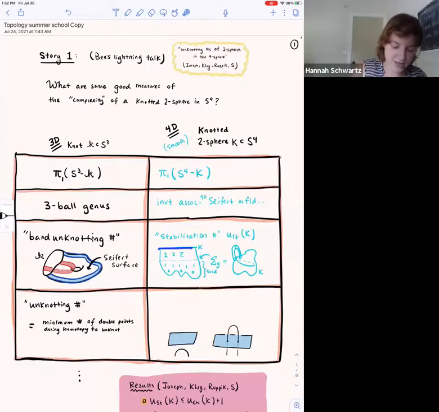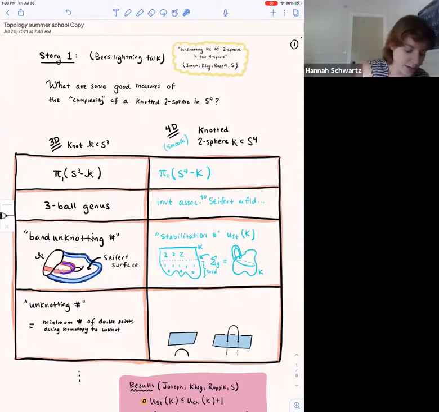Because to get K, I can think of it as adding these sort of tubes that are the result of this cobordism from here to here, right? So this solid thing is sort of the 3-dimensional 2 handle, but flipped upside down. So it looks like you're adding a 1 handle to K. Anyways, the point is both of these are well defined for the same reasons, and it's really the exact same notion.